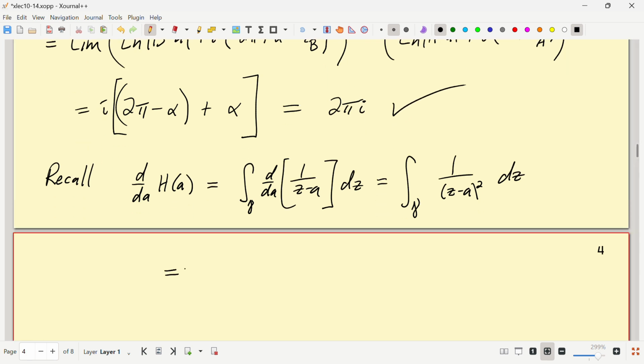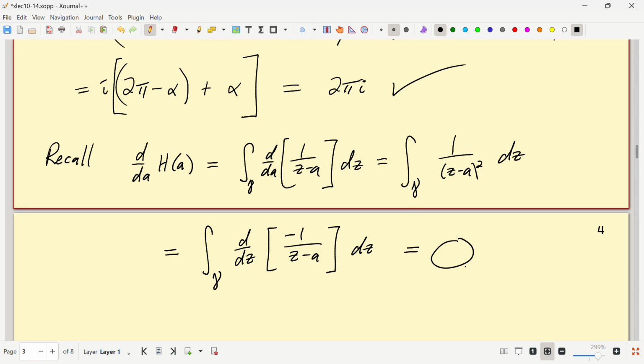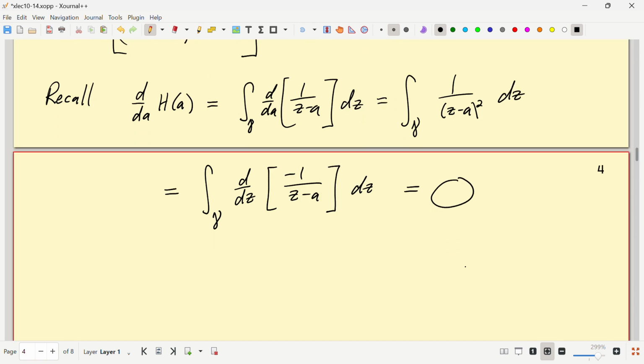That's equal to the integral around gamma of d by dz of minus 1 over z minus A. And so that's a big fat 0. And so h prime of A is 0. H prime identically equal to 0 implies h is constant.